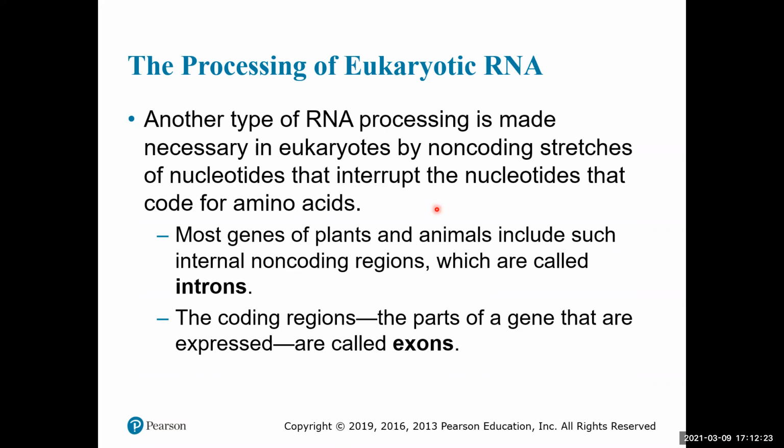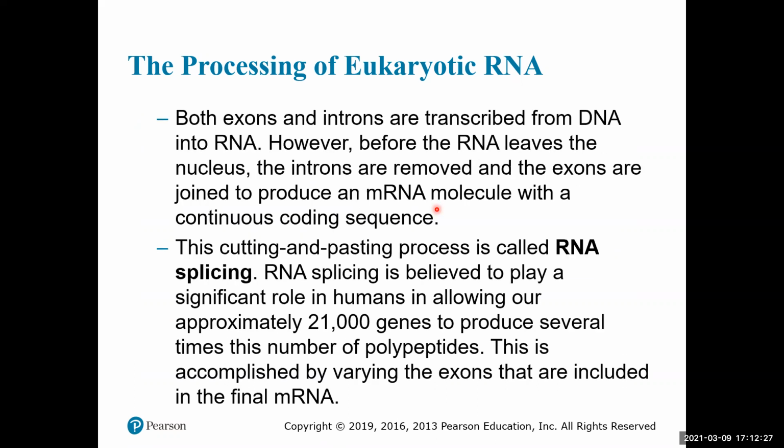And that process is called RNA splicing, okay? So both the exons and introns are transcribed from the DNA into the RNA. But before the RNA becomes fully functional mRNA, that RNA splicing has to happen.